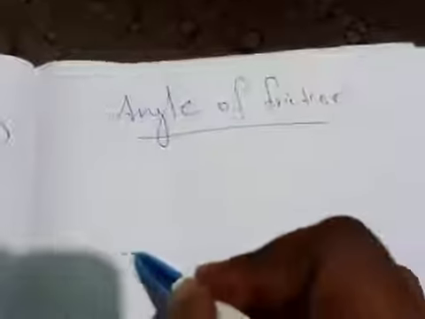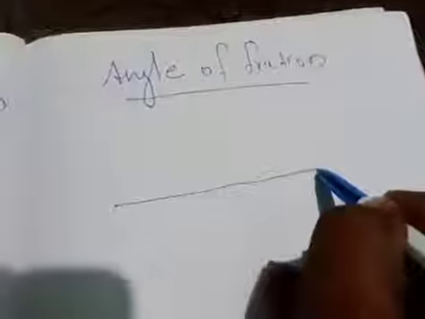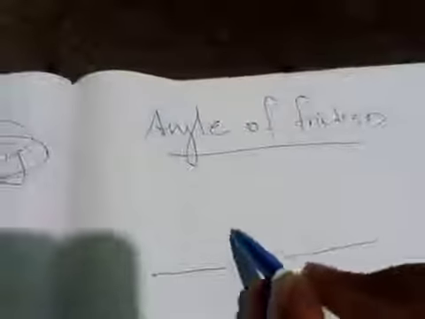Next we will see a new topic: the angle of friction. First you have to know what this angle of friction is. Assume this is a horizontal surface, and one object is there like this.